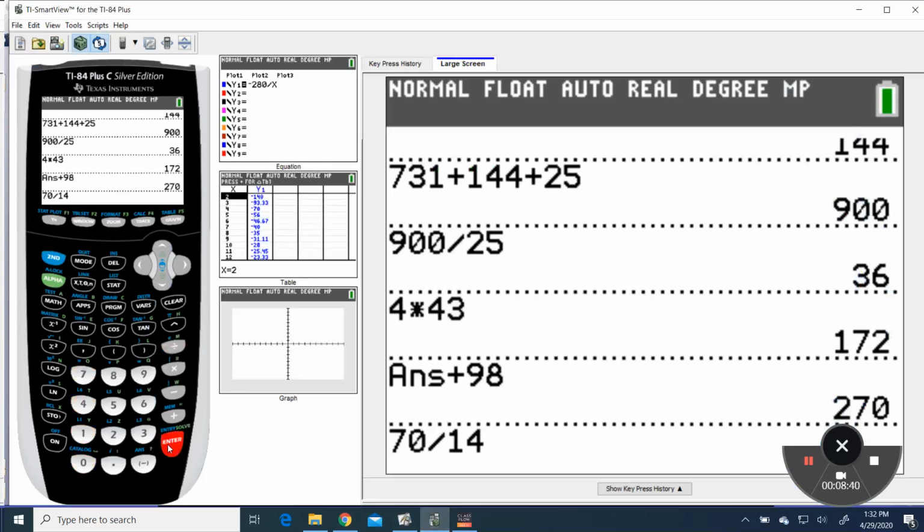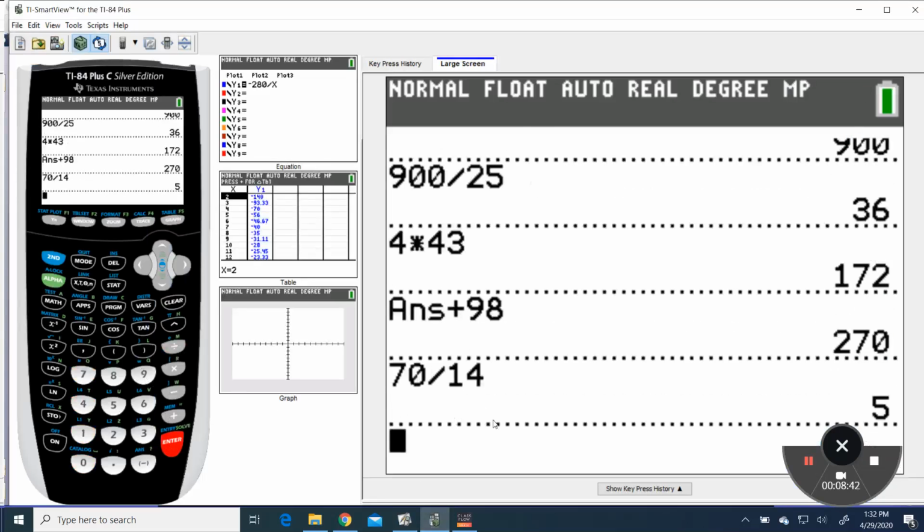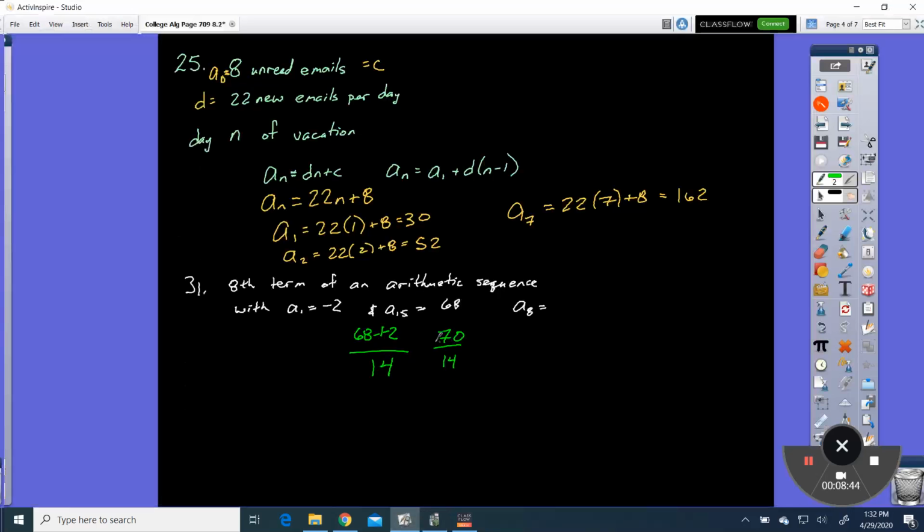So how much did I go per day? So I go 5 per day. So that's our difference, is each day or hour or whatever it is, a difference of 5. I know a_1 equals -2, so I could just plug that into either of these formulas.